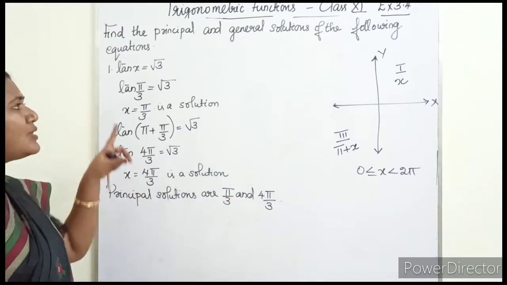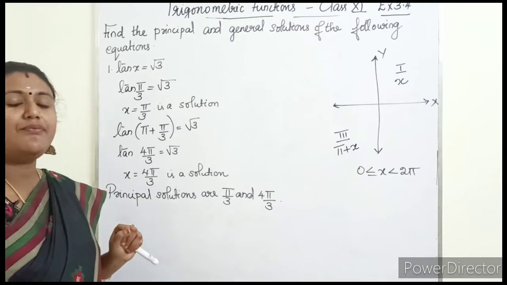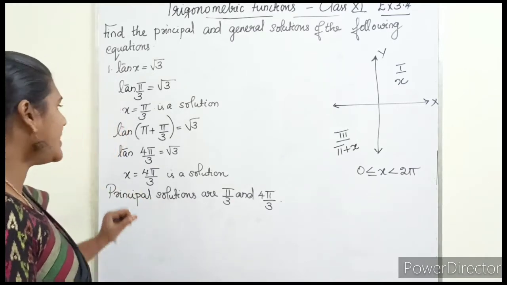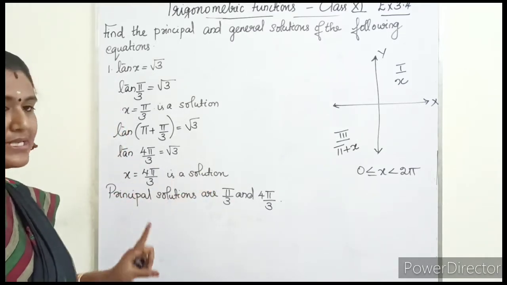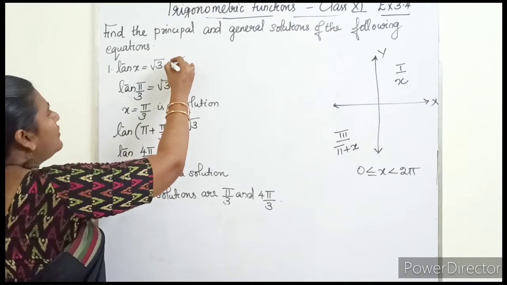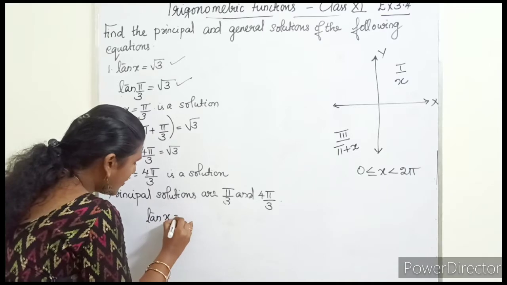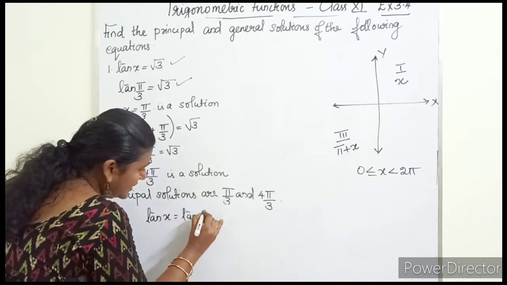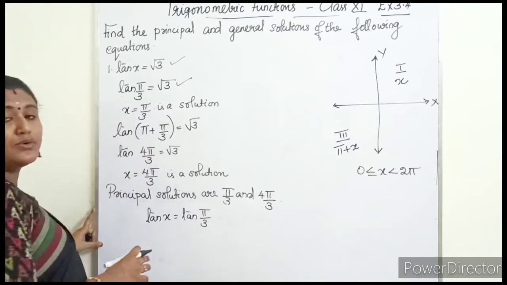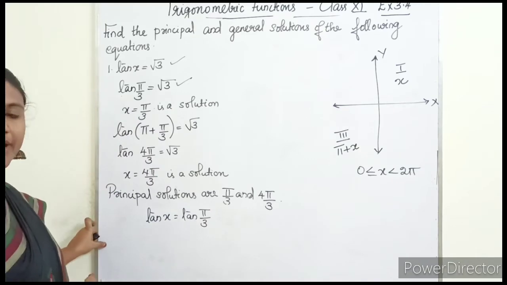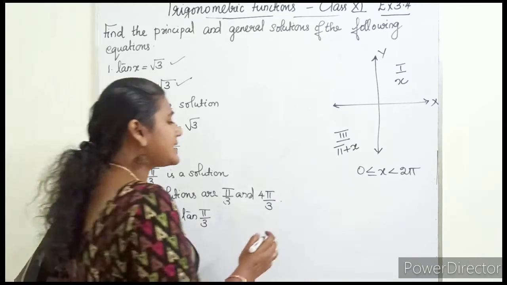Now we will find the general solution. If you want to find the general solution, we need one principal solution. So from these two equations we can write tan x is equal to tan pi by 3. We are going to use the theorem for finding the general solution. What is the theorem?